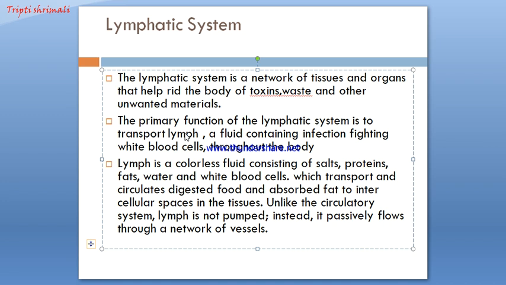The fluid which has oozed out from the blood vessels contains plasma as well as white blood cells, right?